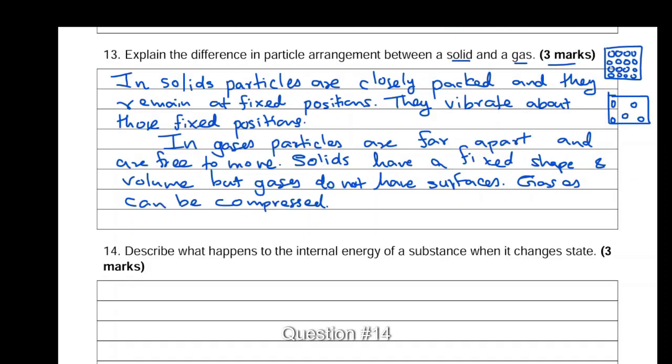Question number 14. Describe what happens to the internal energy of a substance when it changes state. Now, this question is a little vague because they're not exactly saying what change of state is taking place. So we have to just think about both ways, but let's just use one of them and answer this question.